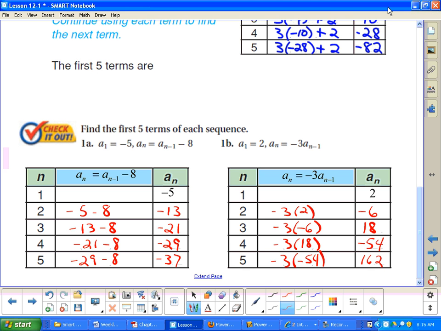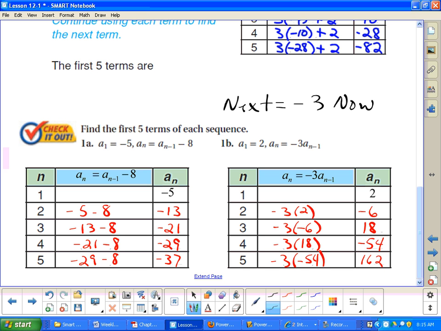Now, a different way of thinking about the recursive formula is using the words now and next. In this case, for B, I could say, to get my next answer, I'm going to take the answer I have now and multiply it by -3.